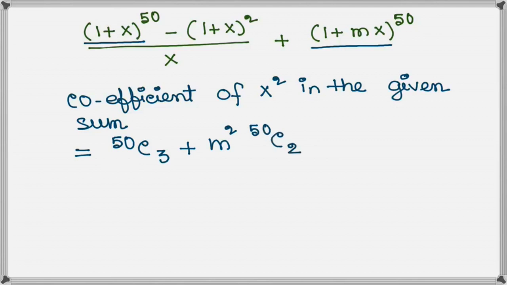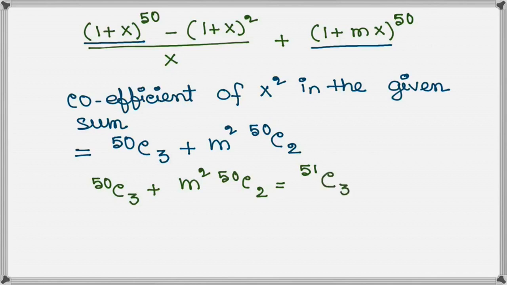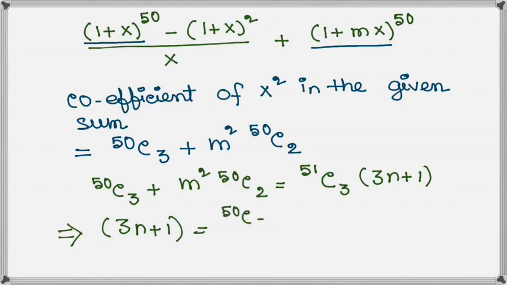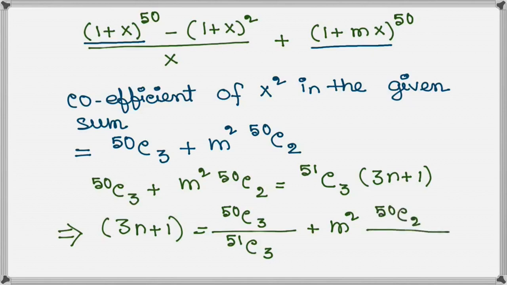Now this is given to be equal to 51C3 into (3n plus 1). So, we get 3n plus 1 is equal to 50C3 divided by 51C3 plus m square into 50C2 divided by 51C3.